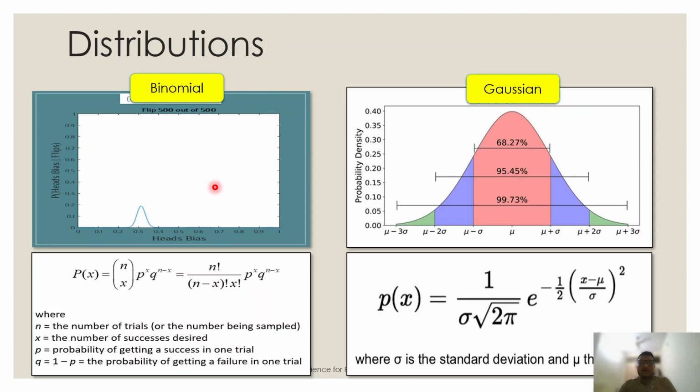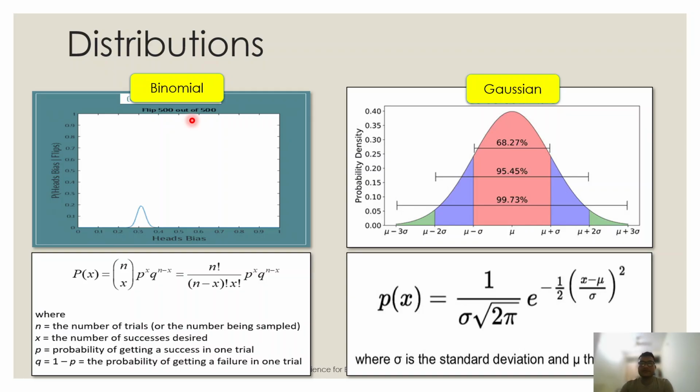I have a coin which I'm going to toss, where you get two outcomes. Such distributions are called binomial distributions. Bi means two. Right now I have a biased coin.